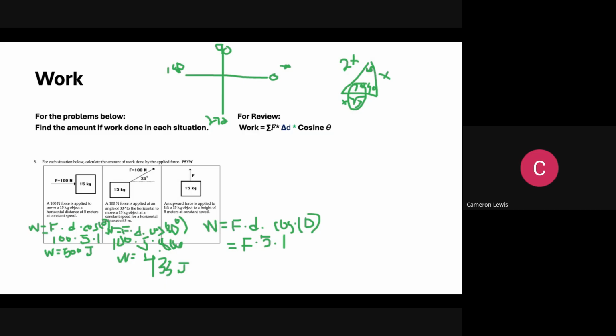Now let's think, right? Technically, if I was to draw the free body diagram, we have some applied force that's pushing it up, right? But what's putting it down? The weight due to gravity, right? And we know that the weight due to gravity is equal to mass times gravity.